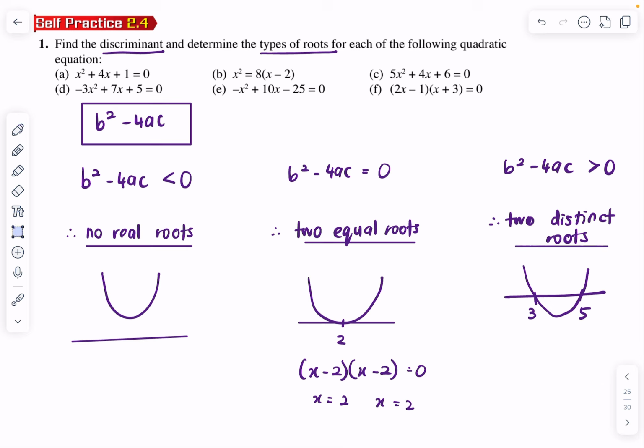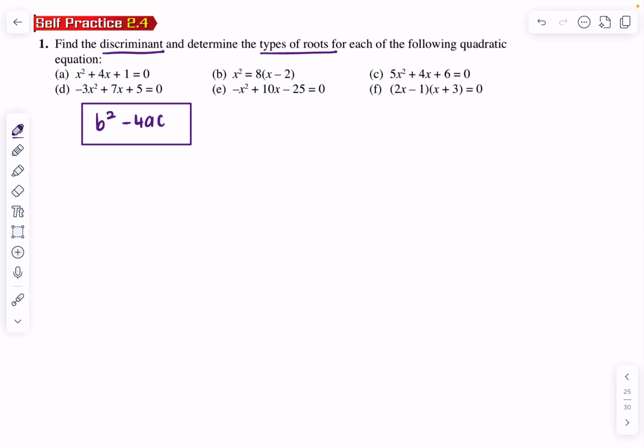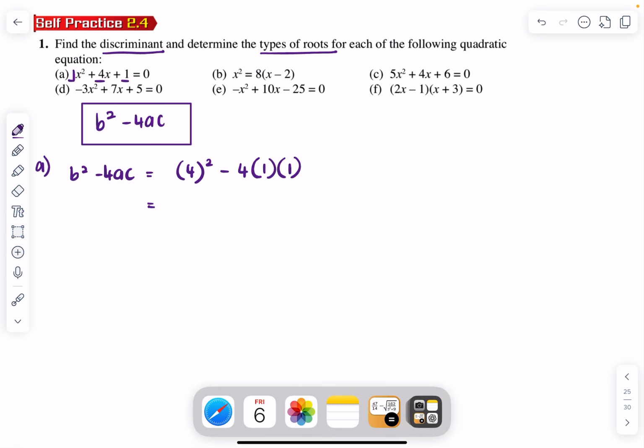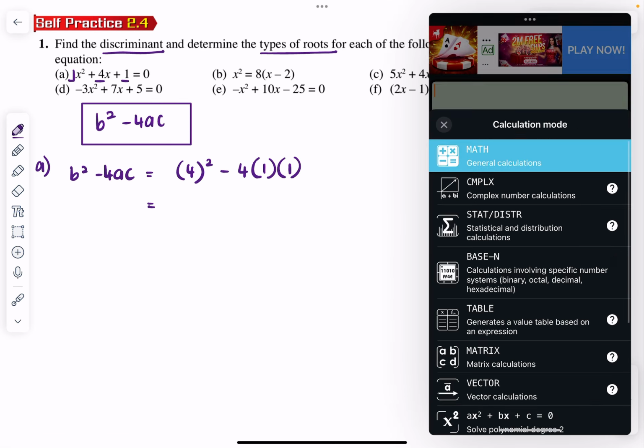Now let's look at the question. A. So our A is 1, B is 4, C is 1. So b square minus 4ac will equal to 4 square minus 4 times 1 times 1. So this will be 16 minus 4. Okay, you want to do in your calculator so can.